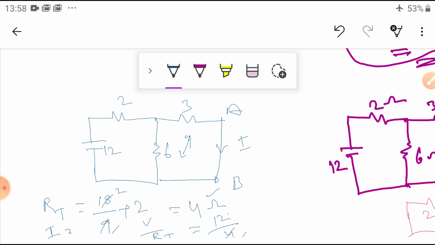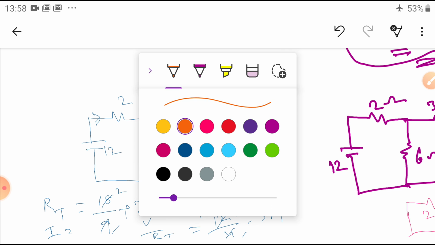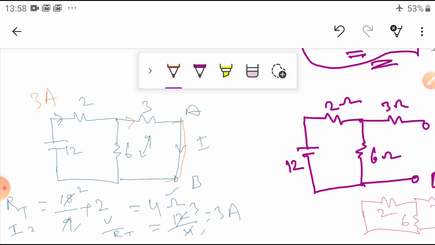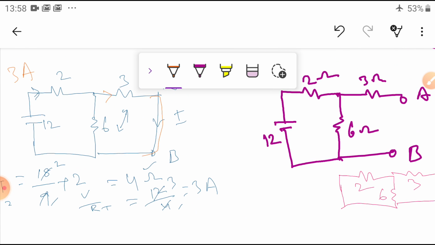4 ones are 4, 4 threes are 12. So 3 amperes. That means the current which is coming from the source is 3 amperes. Now I want to know what is the current here, because the same current is flowing here. By current division method I am going to find the current.